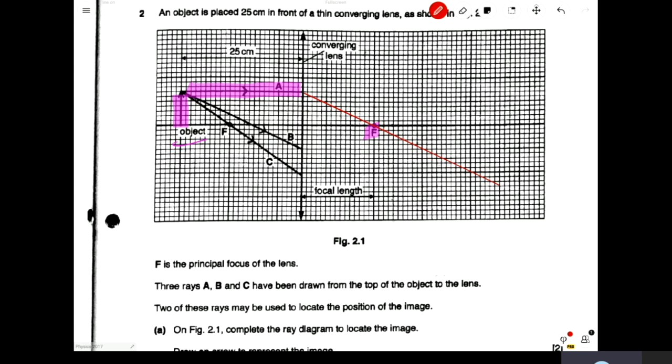Where is the other one? Another one here. Okay, somewhere here. From here. Okay. So yeah, that's about it.